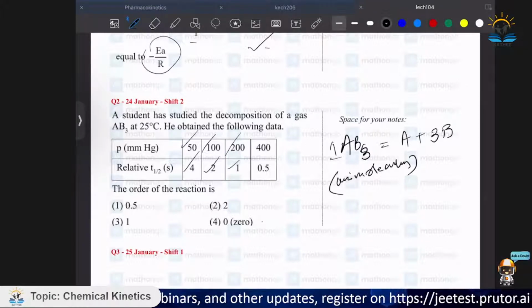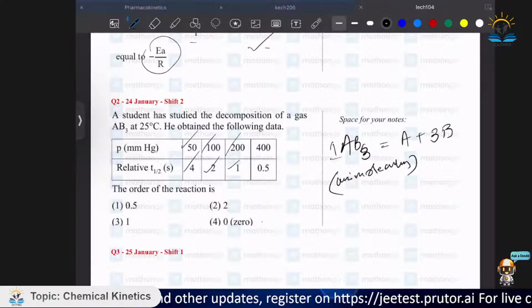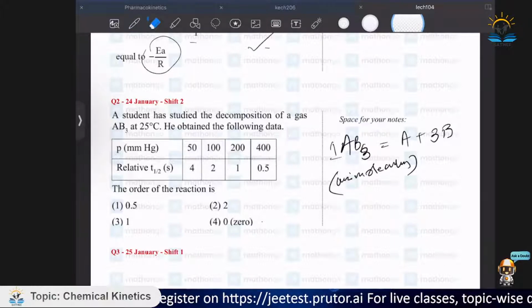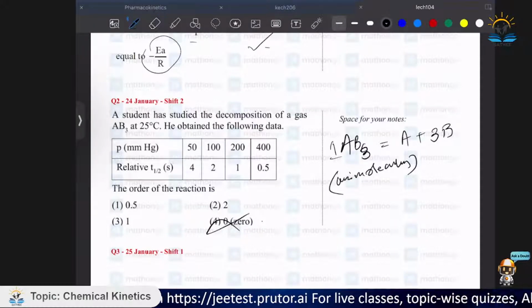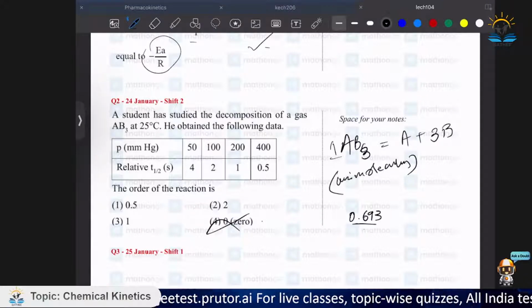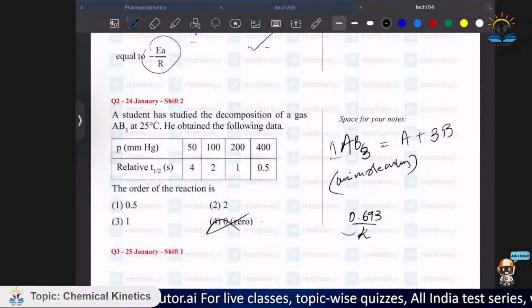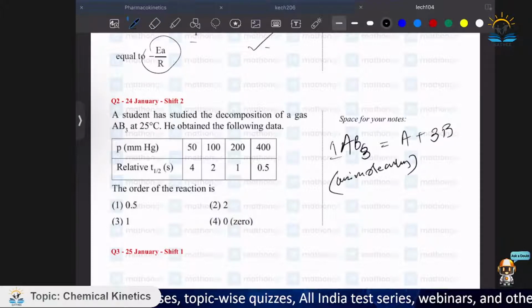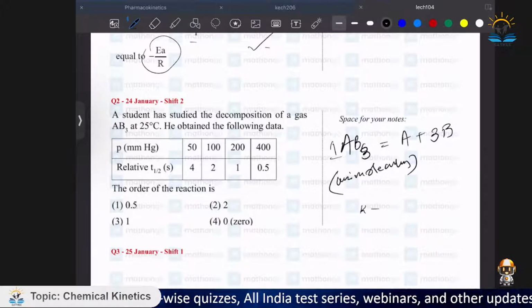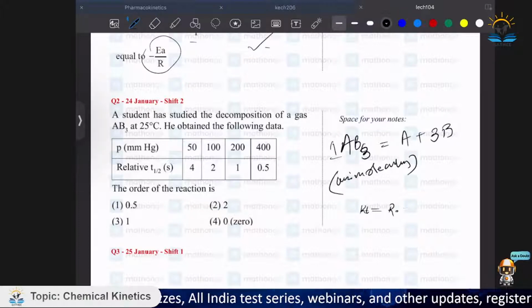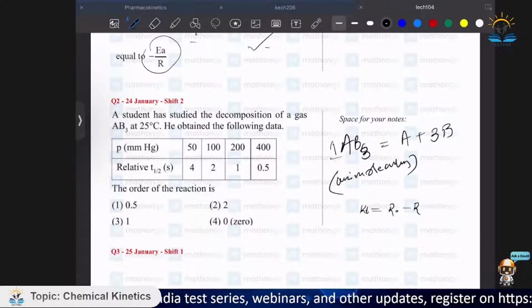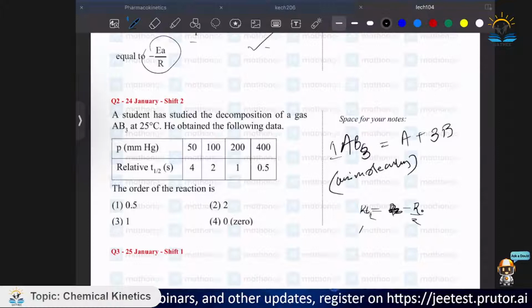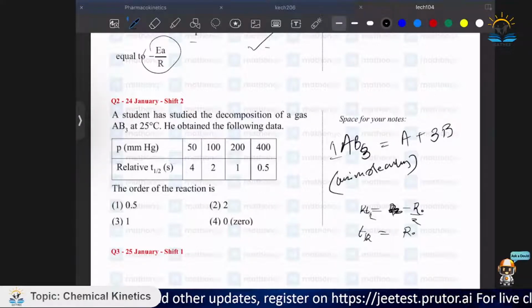For a zero order reaction, kt is R naught minus R. At t half life, it is R naught by 2, and t half life is R naught by 2k.